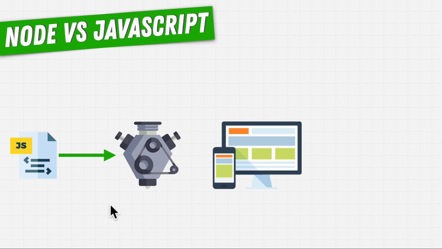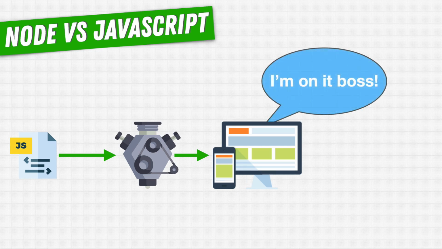This engine then converts those JavaScript instructions to those that your hardware on your computer or phone understands. And it then goes ahead and follows those instructions.